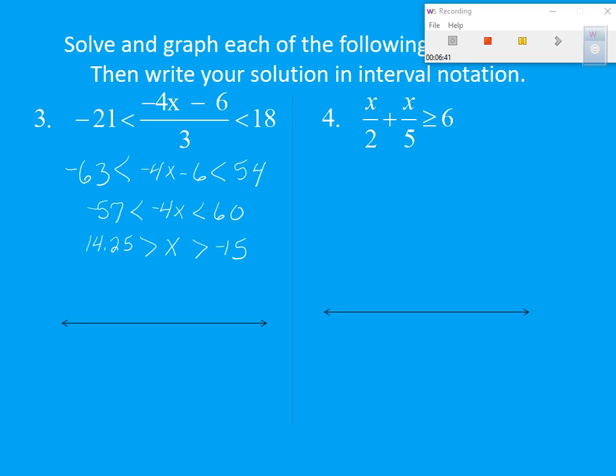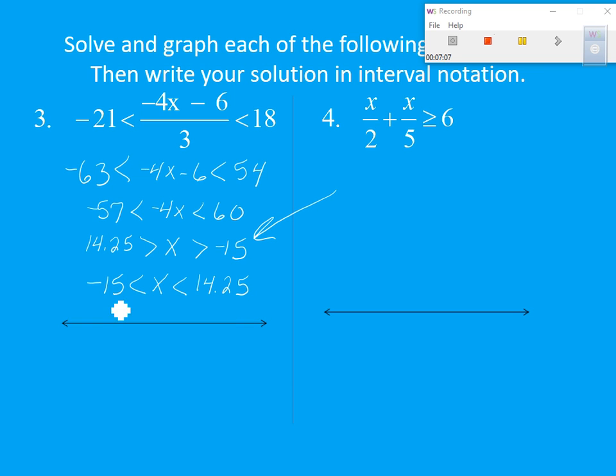Now, this is written improperly. Your biggest number cannot be there. The biggest number needs to be there. So I'm going to rewrite this, and when I do that, it's going to look like this. Notice it says x is greater than negative 15, so negative 15 is less than x, but x is less than 14.25.